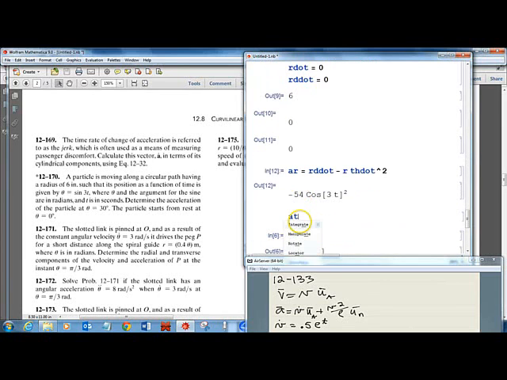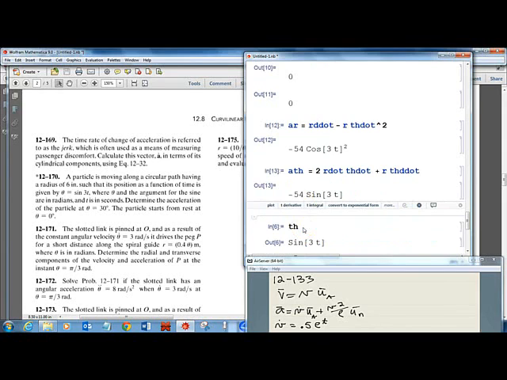The A theta, the theta component. Remember what that was? 2R dot theta dot plus R theta double dot. Okay. Do I know the time?